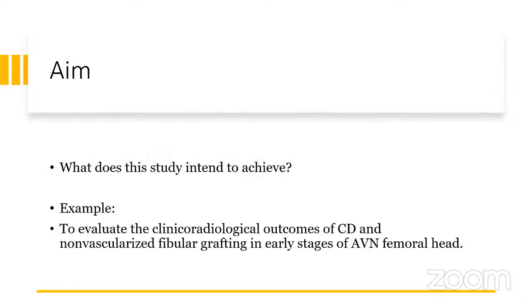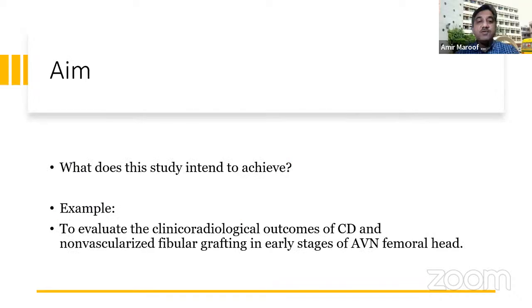Just by writing an aim, we cannot go on to methodology, doing our study and writing our results. Aim will not help in that, but yes, aim gives the direction in which we are going. So let us see where the aim leads us.